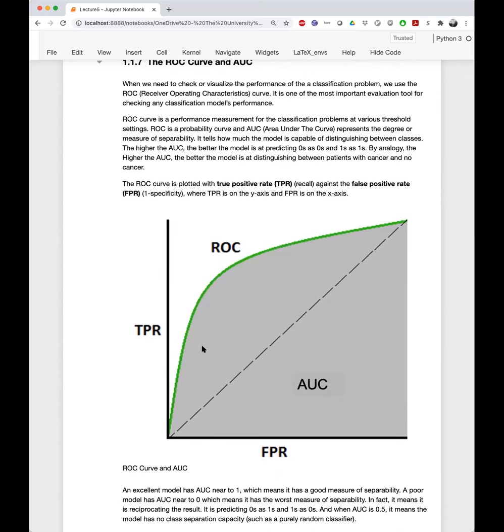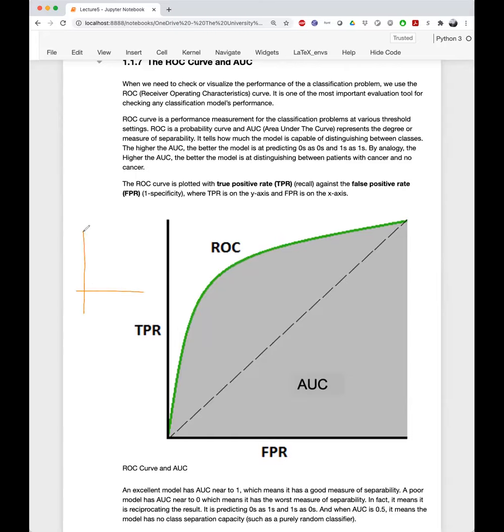How to understand this curve is maybe a little bit more complex, but how to use this curve to compare models is pretty easy. Once you have this plot, how can you compare the models?